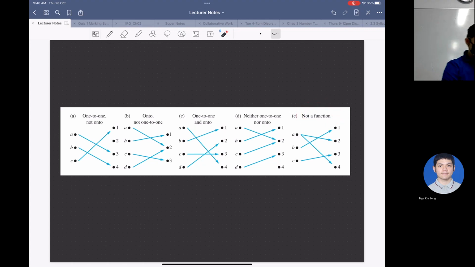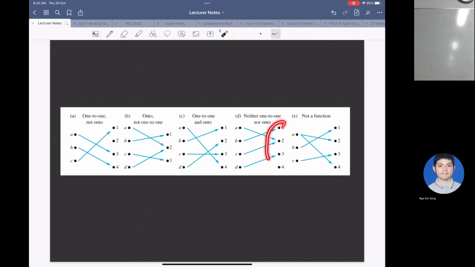Why is it not a function? Because A gets sent to 2 and 4, so you cannot decide whether you want 2 or 4. If you are a function, you cannot be one to many. One to many is not allowed, not even for a function.